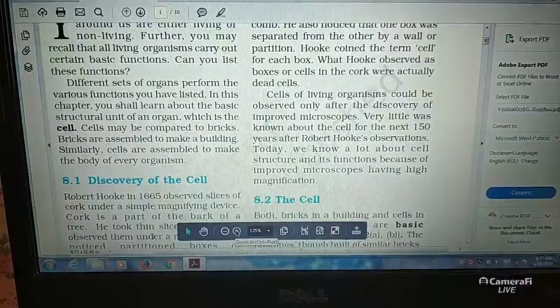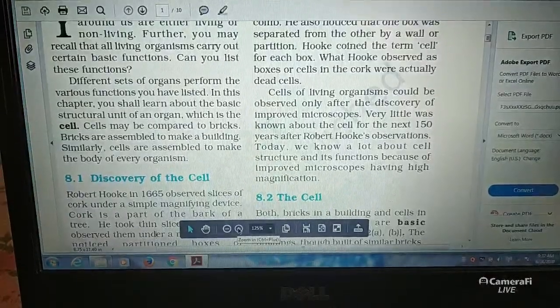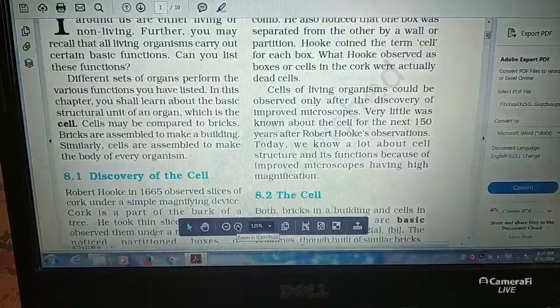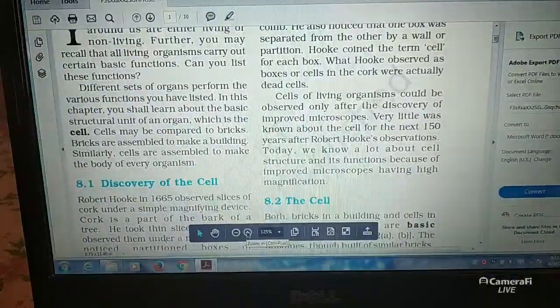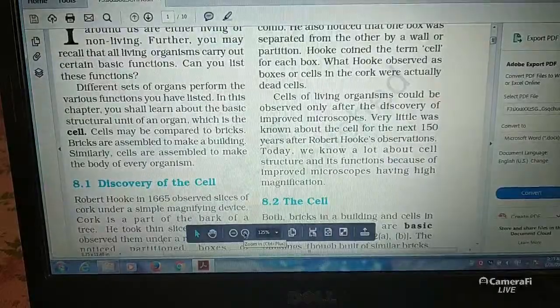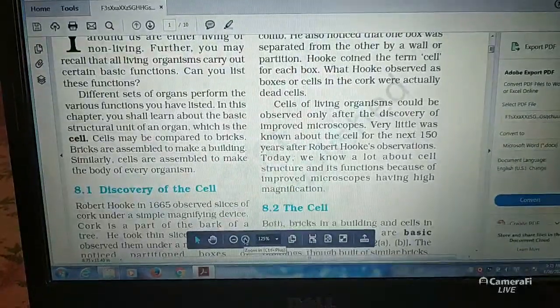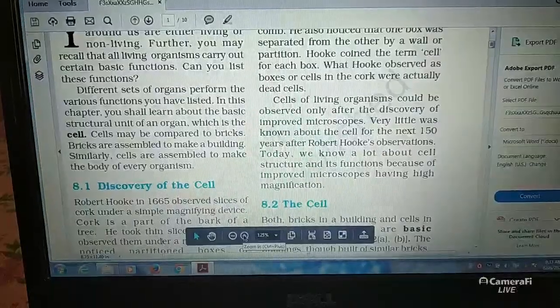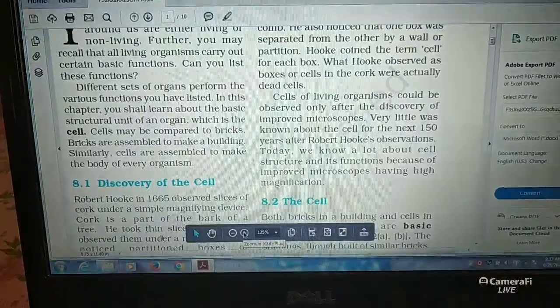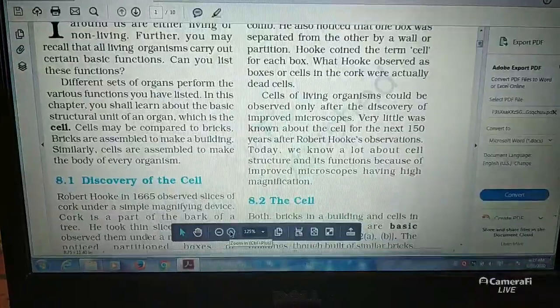In the coming test, microorganism, friend and foe will be in your syllabus, and in the midterm you will get 3 biology chapters: cell structure and function, microorganism, friends and foe, and crop production and management. Teachers will provide you the syllabus, don't worry students.